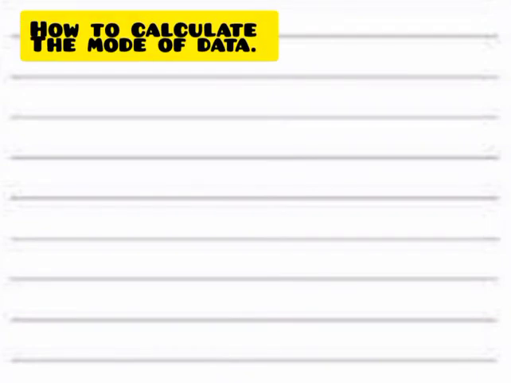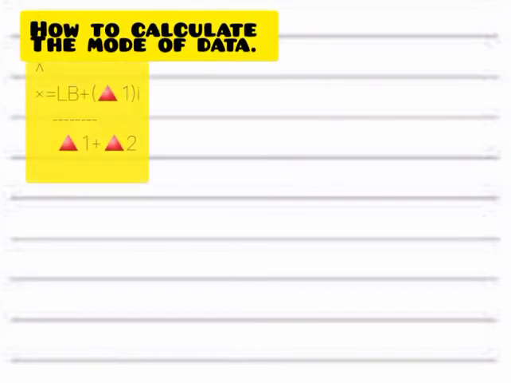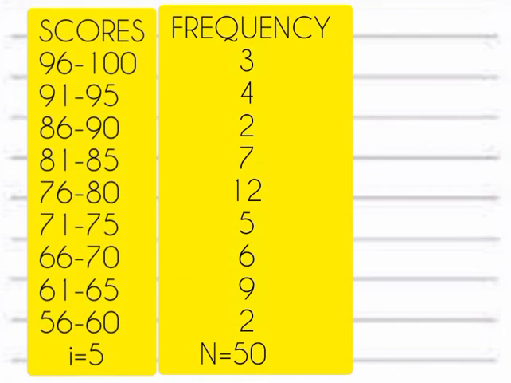So, let's have the mode of the data. How to calculate the mode of grouped data? We will use this formula. Our interval is 5. And in the frequency, second column, n is equal to 50. Just add all of these and we will get 50.